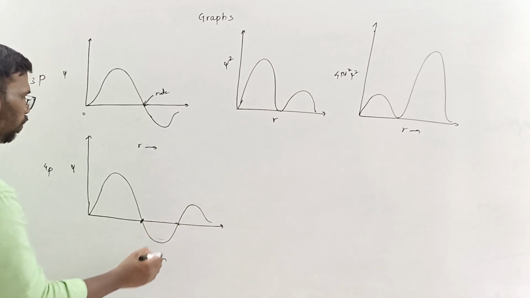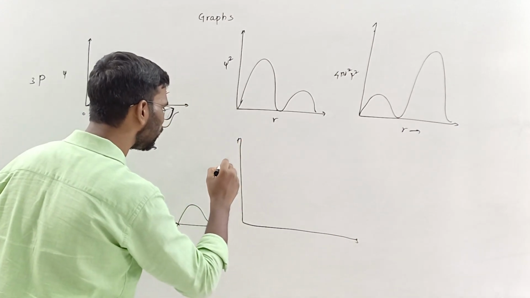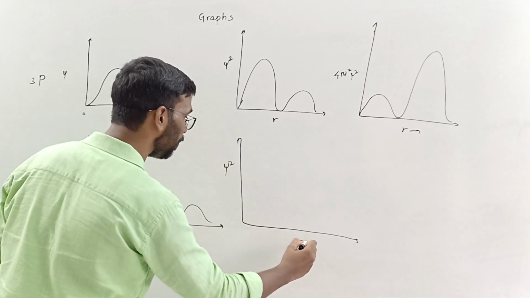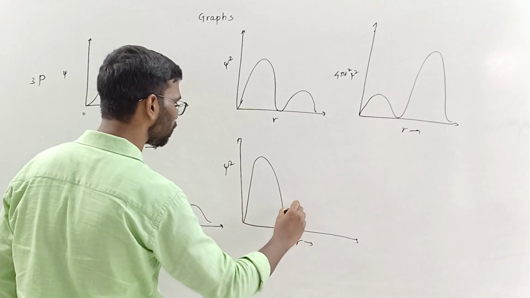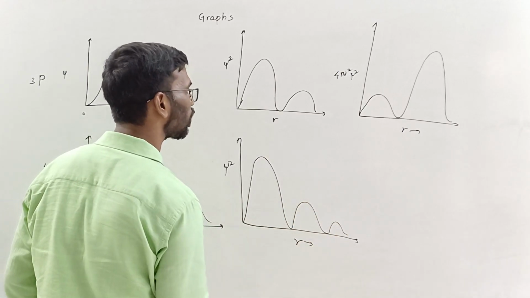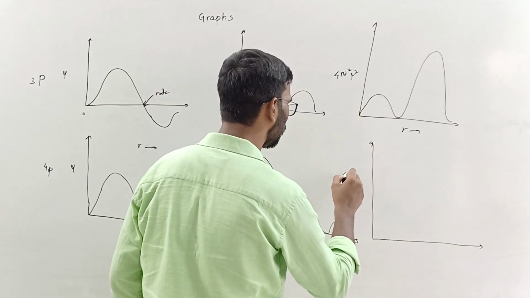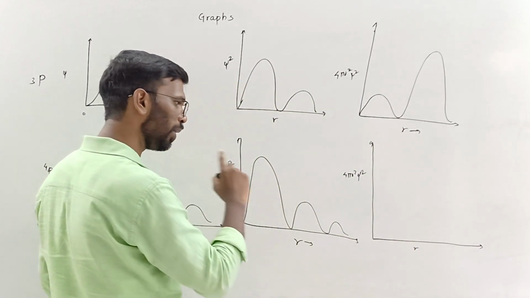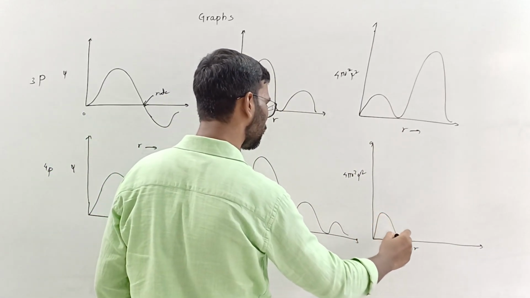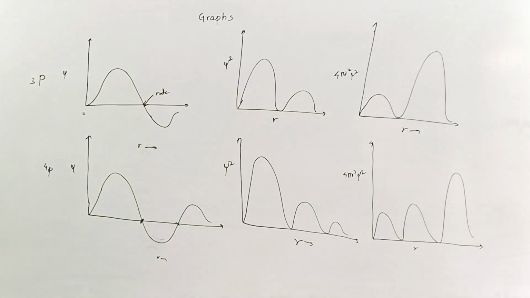And for 4 pi r square psi square versus r, what we can expect is a graph this way. Okay, so these are the graphs which could possibly be asked. That's it.